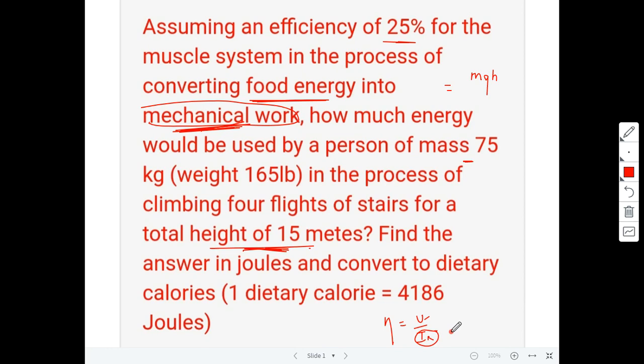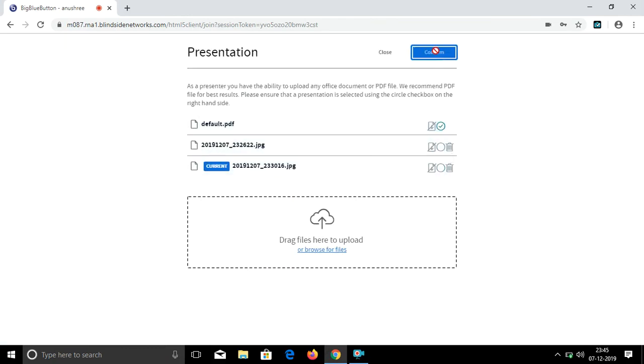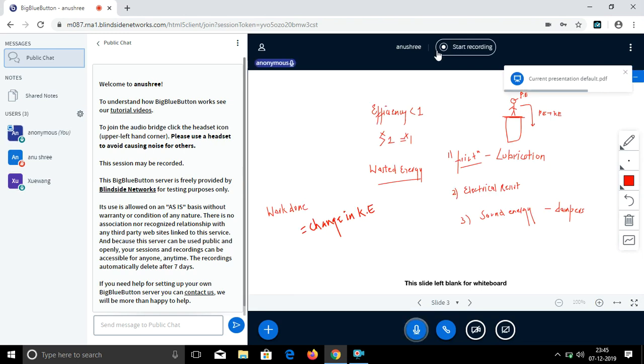Okay, now the next question. Determine the work done by a man in deadlifting 300 kg to a height of 0.9 meters above the ground.